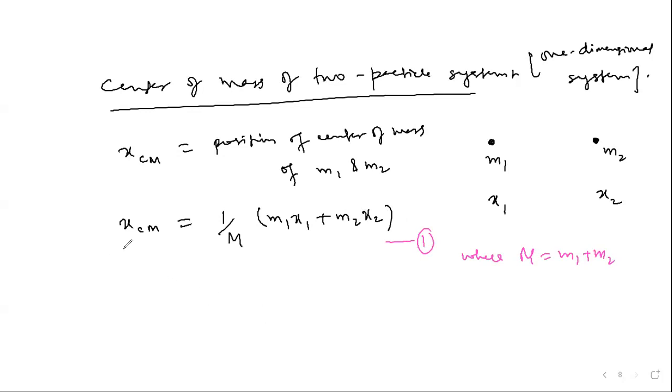Now, if we want to find the velocity of the center of mass, we have to differentiate first.